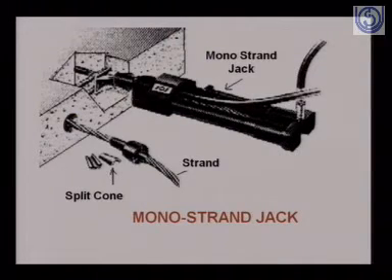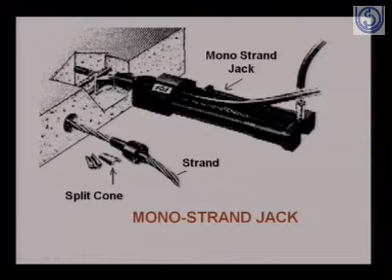Here you see a monostrand jack. This is the full picture of that monostrand jack, and this is the wire or strand, as shown, passing through a separate hole, and this is the structural member. So this is the concrete member, and this is the strand. You see here the split cone.